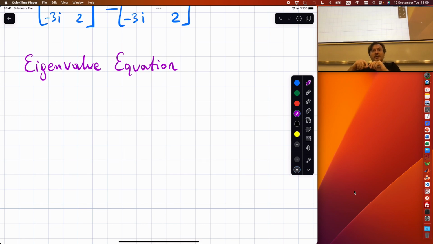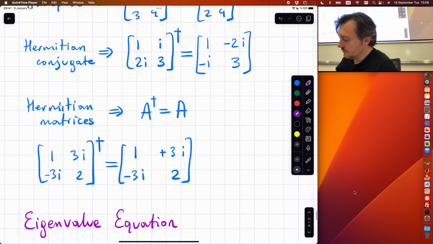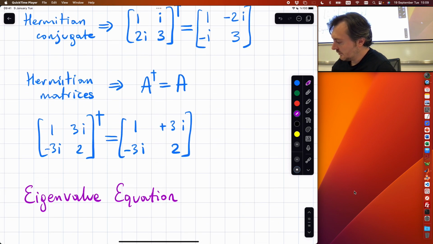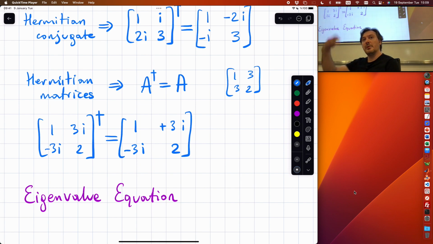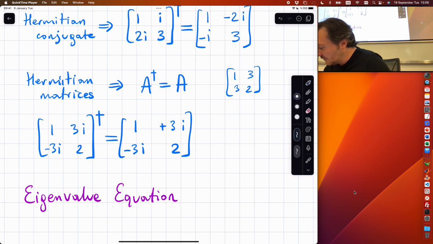It has to be symmetric, yes. Symmetric in real values, anti-symmetric in the sense of minus and plus in the complex parts. For example, a matrix without imaginary numbers can be Hermitian only if you have 1, 2, 2, 3, because when you transpose it, it still needs to be equal to itself. For example, this one is not Hermitian.